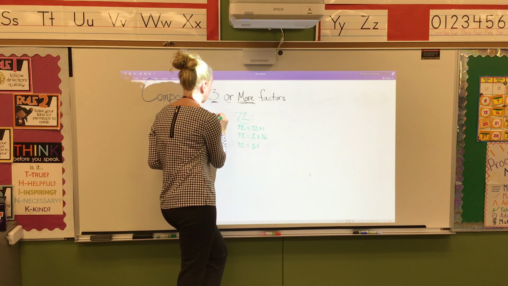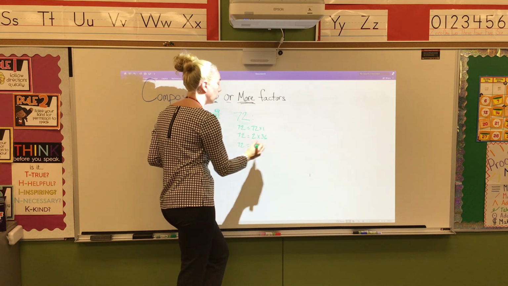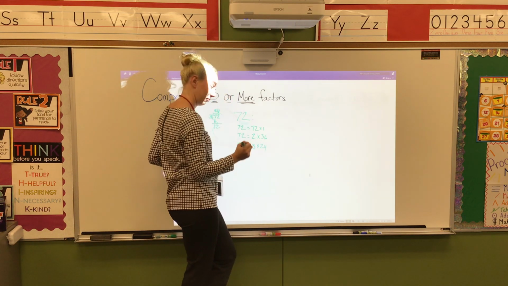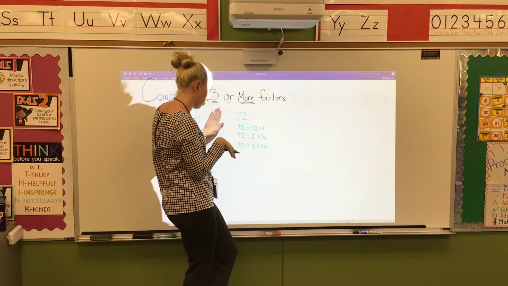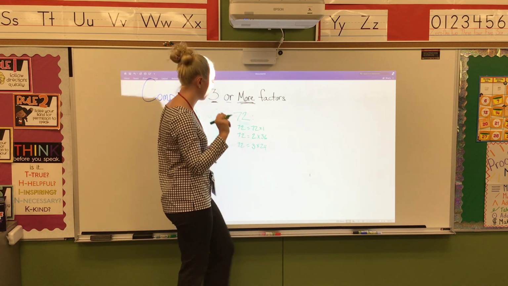And I'm going to do 72 divided by 3 equals 24. Just a little extra math. You guys don't have to worry about that yet. Long division. Don't think about it. Miss Farmer just wasn't ready for that problem.